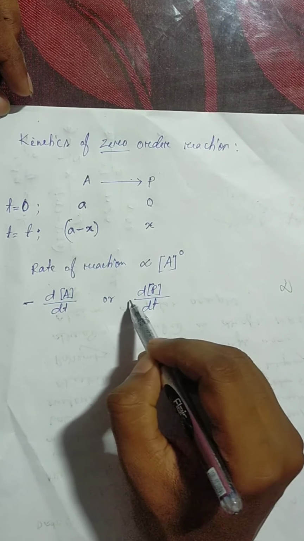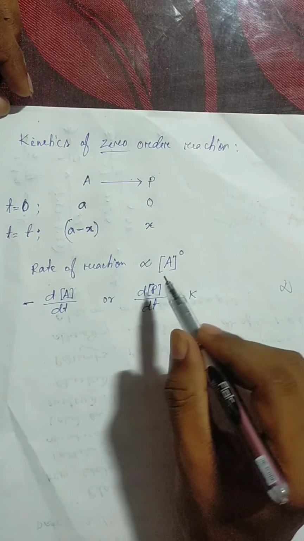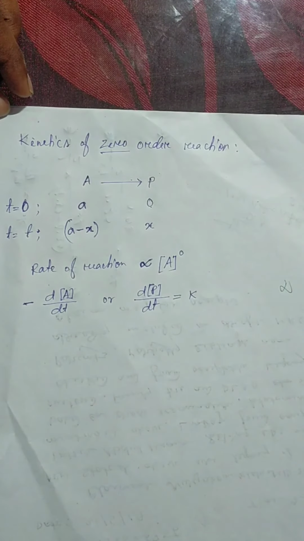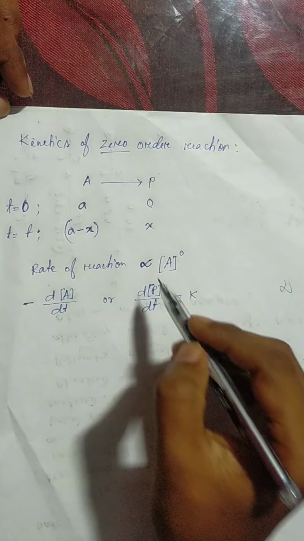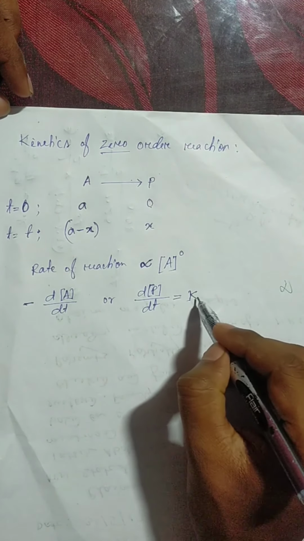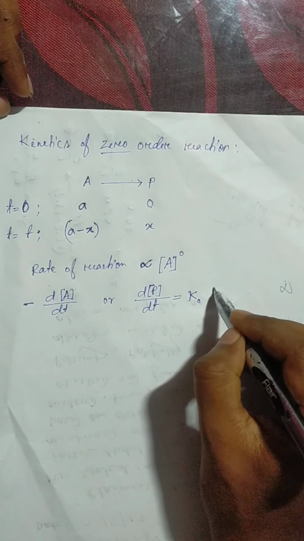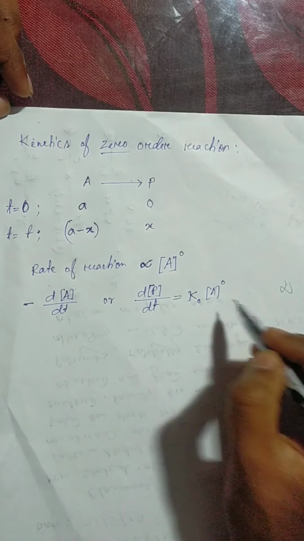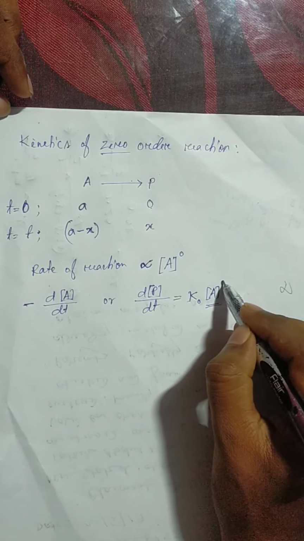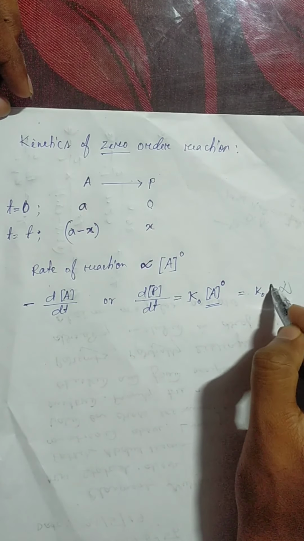So we can write here K, as we have to remove this proportionality sign, we write a constant, that is the rate constant. For a zero order reaction, the rate constant will be K naught. We know that A to the power 0 is equal to 1. So we can write K naught times 1.